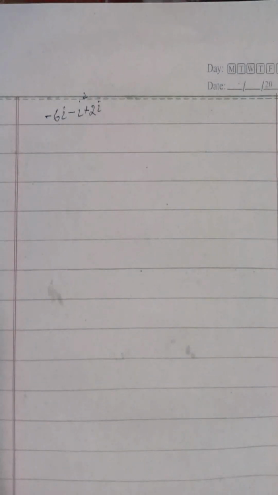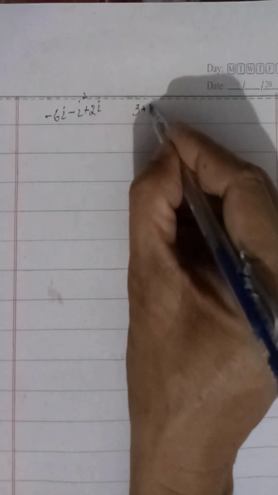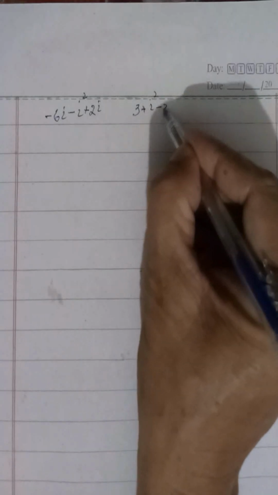And so the first row multiplied with the second column, minus 3 multiplied by minus 1 is equal to plus 3, and plus iota multiplied by iota minus 2, we get plus iota square minus 2 iota.